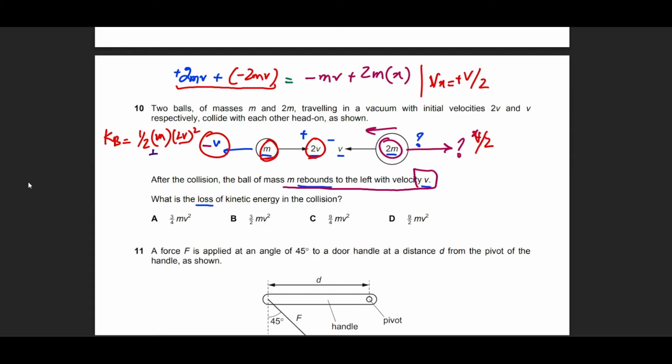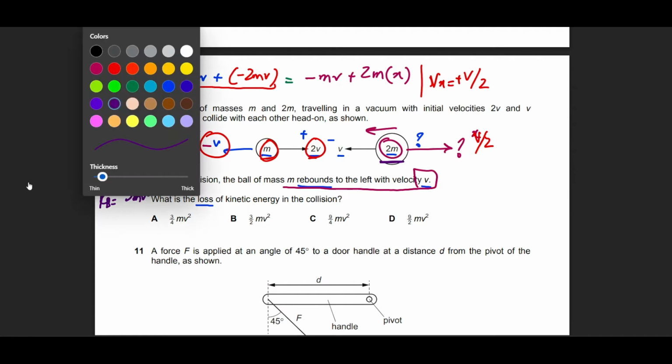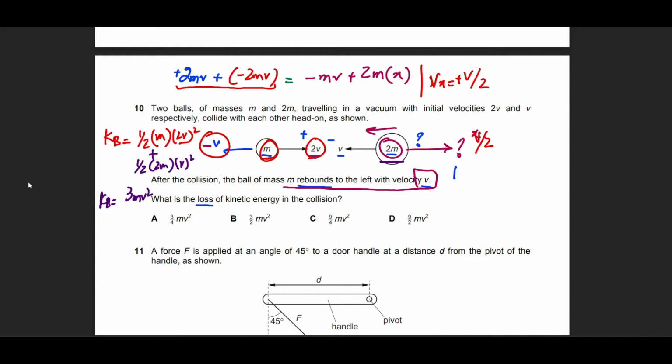And the second part of the object, which is also participating in the kinetic energy, is half into 2m into just simple v square. When you calculate this KB, or the kinetic energy before of the system, this is going to come out as 3mv square. Please make sure that you perform the algebra correctly. Now, kinetic energy after the collision is going to be calculated as v and m. So half mv square simply, and this is v by 2.